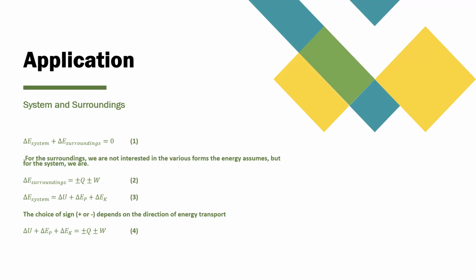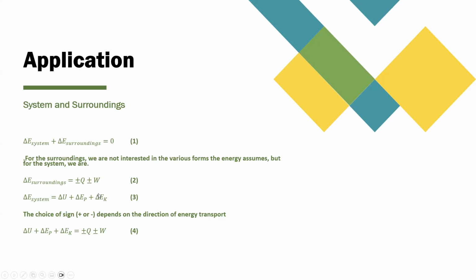Heat and work are energy in transit. But the forms of energy that reside within a system are given in equation 3: internal energy, potential energy, and kinetic energy. You are used to potential and kinetic energy.